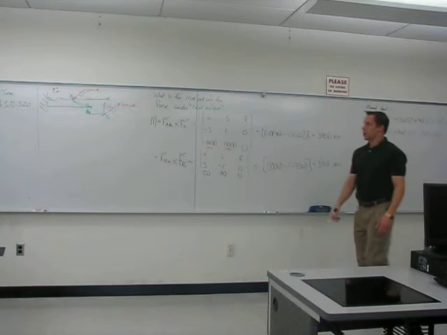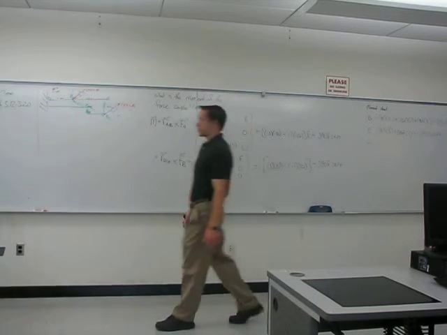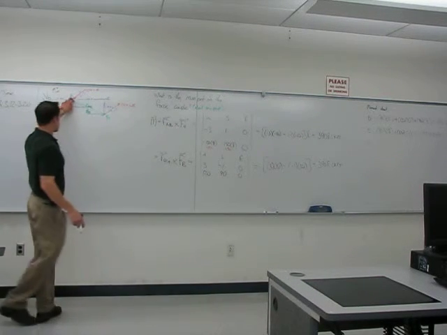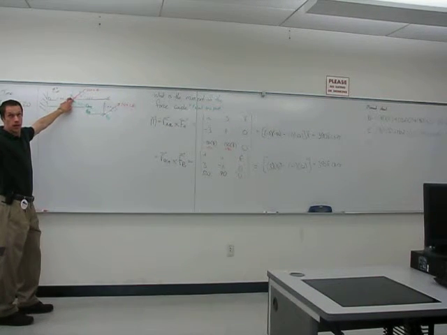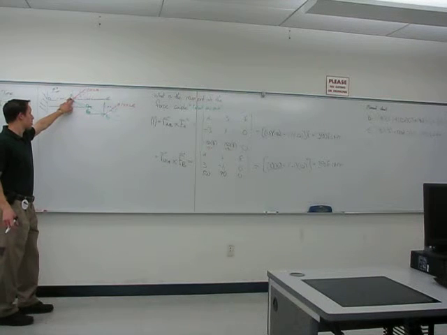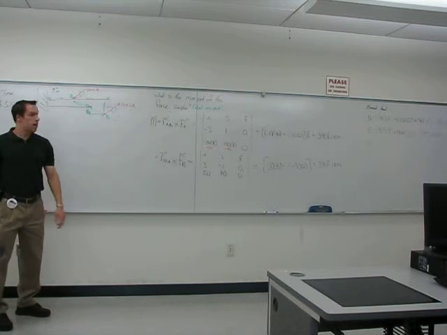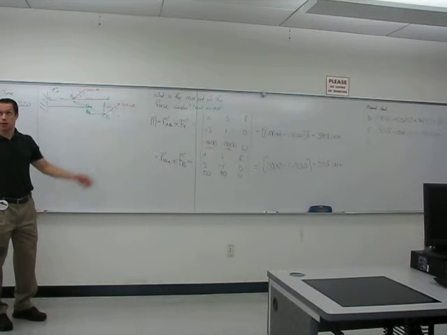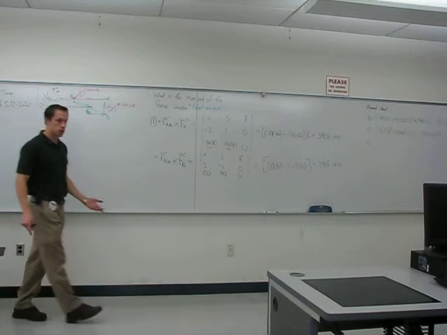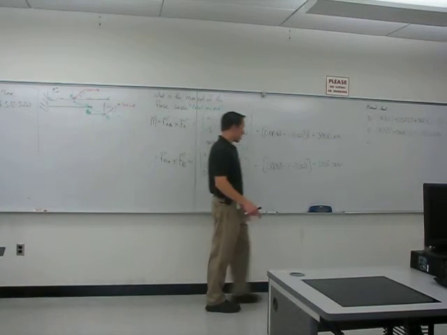Just take the moment around the point A. Now the two components that have lines of action through the point A don't generate any moments around the point A. Okay, see, if the force has a line of action that goes through the point, it's not going to create any rotation around that point.